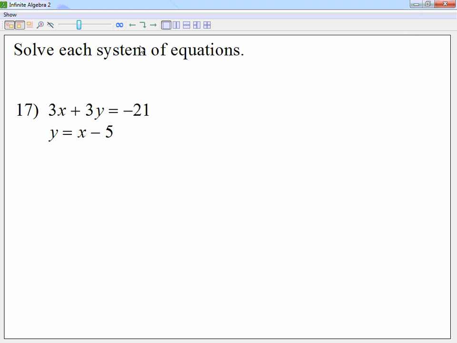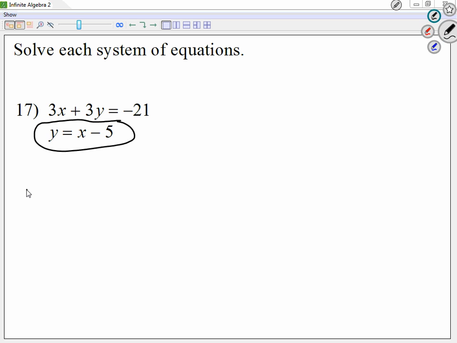starting at 17. Whenever I have an equation where one letter is by itself, in this case y, I'm going to replace all of these for y in the other equation. So let me rewrite the first equation, but instead of y, I'm going to write x minus 5.